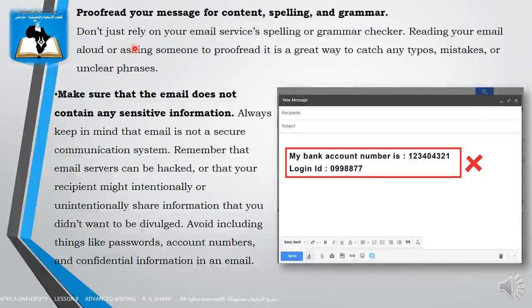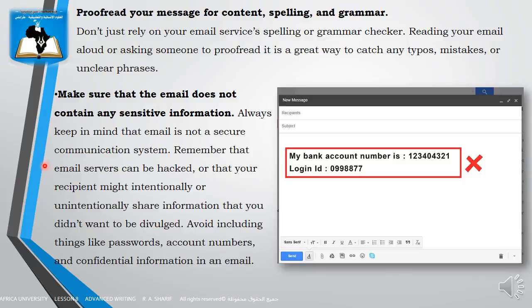Proofread your message for content, spelling, and grammar. Don't just rely on your email service's spelling or grammar checker. Reading your email aloud or asking someone to proofread it is a great way to catch any typos, mistakes, or unclear phrases. So you need to make sure that the email doesn't contain any sensitive information or any errors or grammatical mistakes. Always keep in mind that email is not a secure communication system.